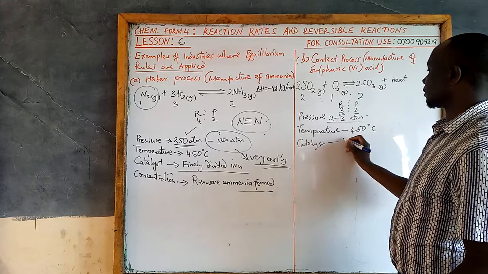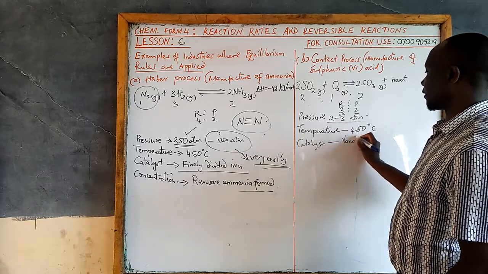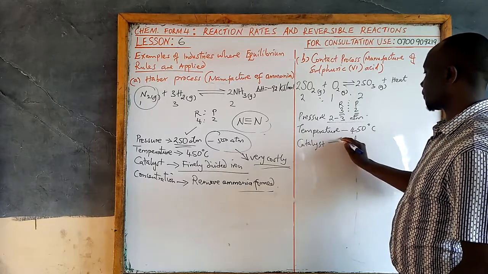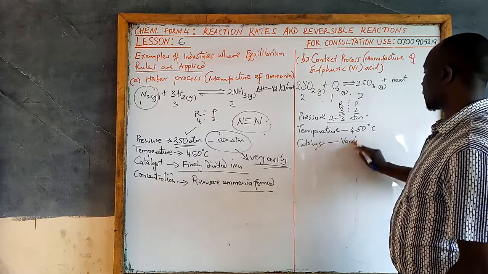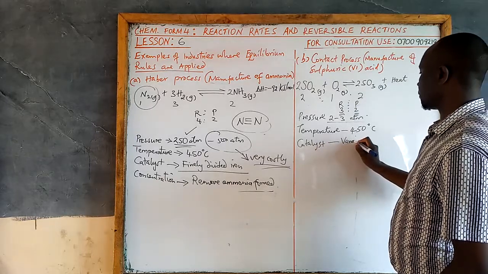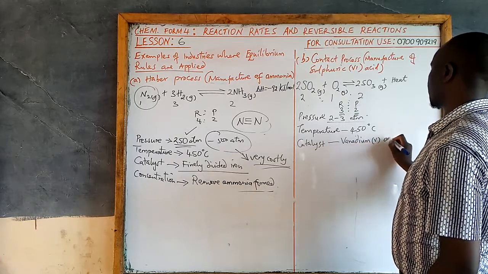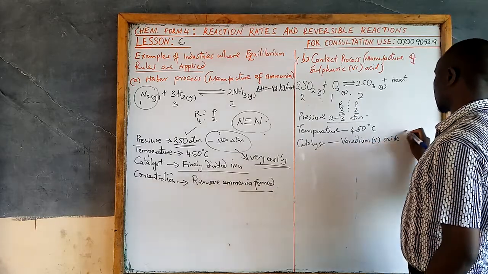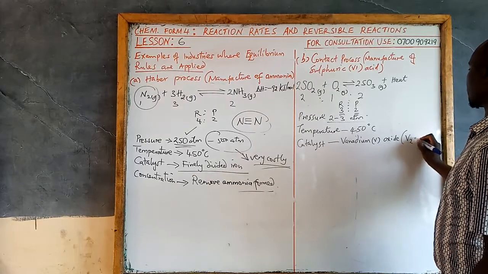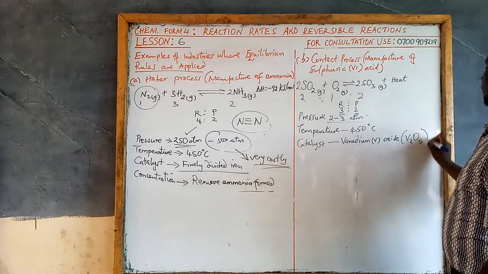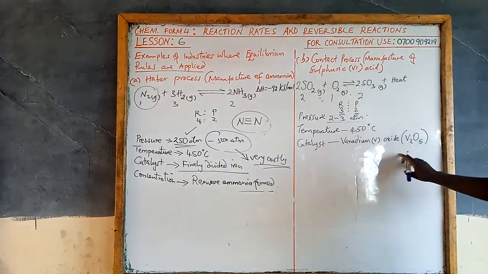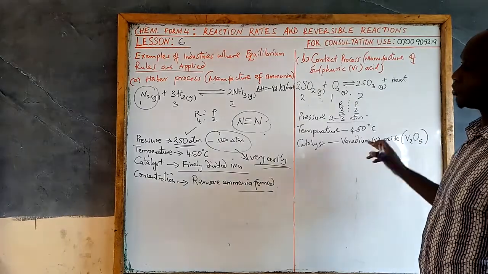The catalyst used here is vanadium 5 oxide. This substance is used as a catalyst to speed up the reaction.